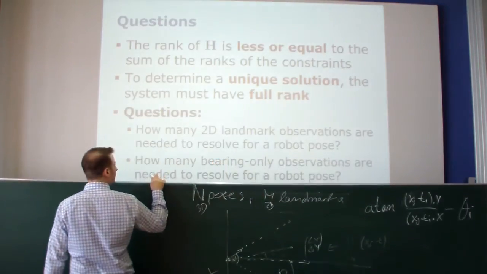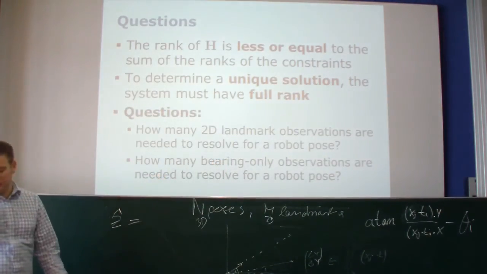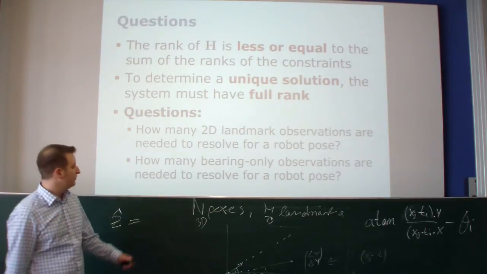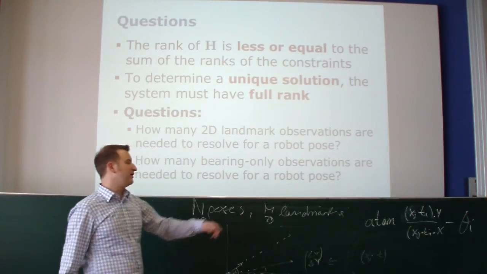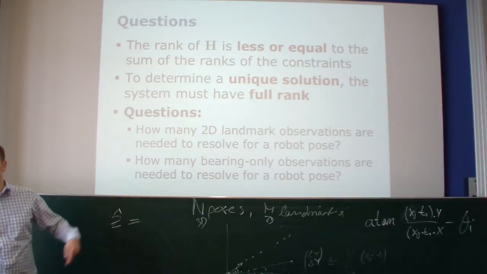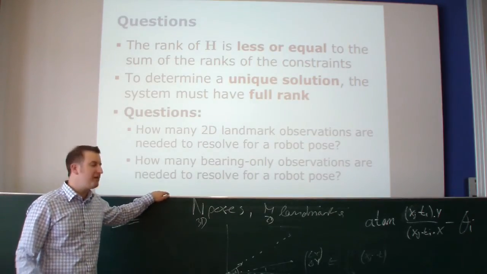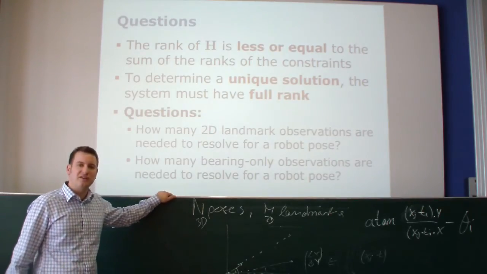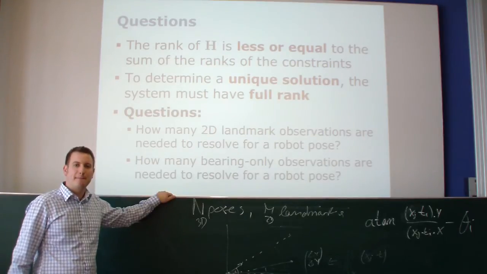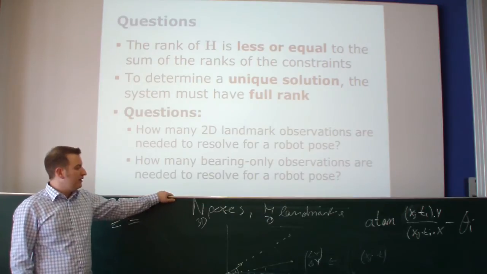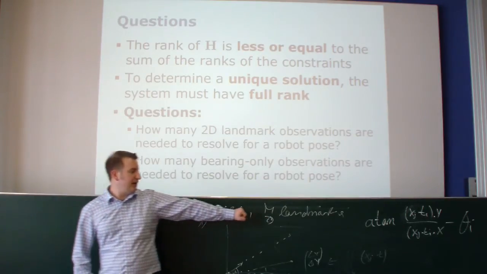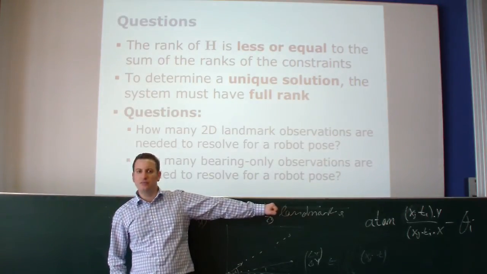How many observations are needed to either resolve the robot's pose or to estimate the whole thing, at least, at minimum? 2n plus 3. So I have 3n plus 2m unknowns.